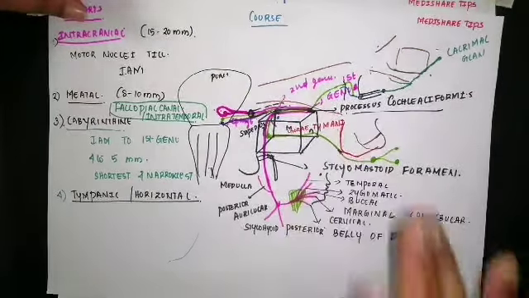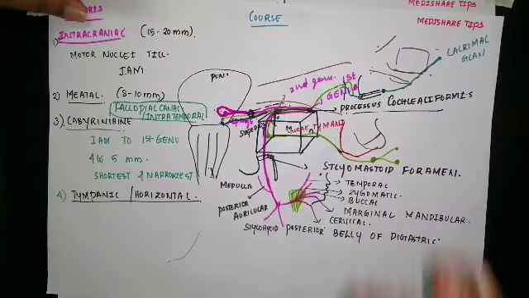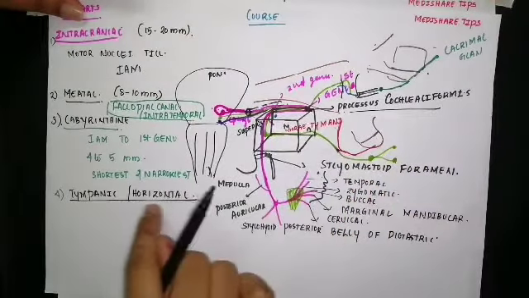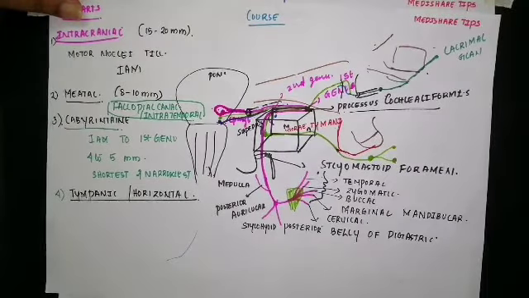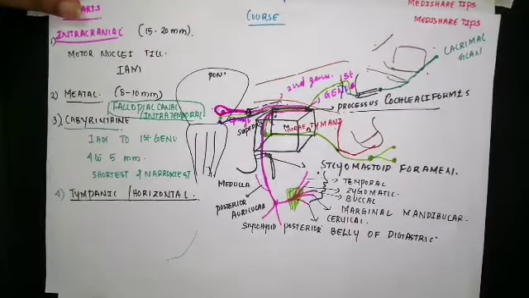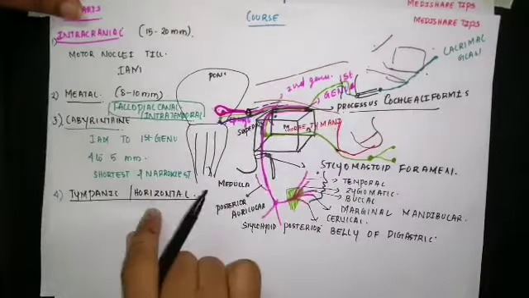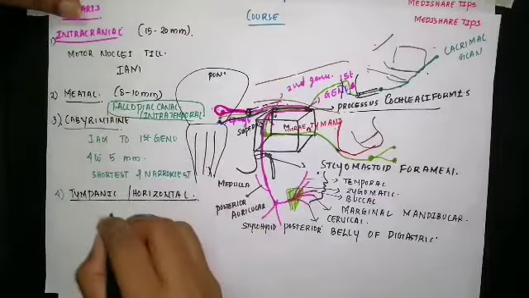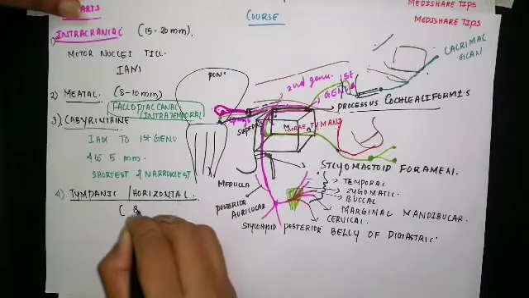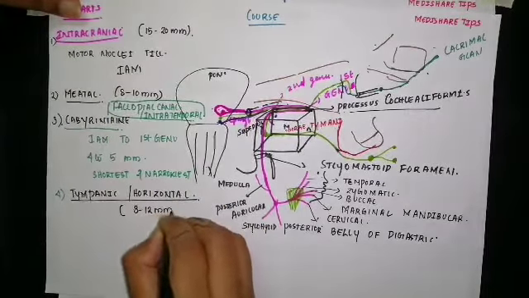The facial nerve is more prone to injury during surgery at this point, in the tympanic or horizontal segment. Maximum bony dehiscence occurs in this part, so it is more susceptible to injury during surgery. The labyrinthine part is more susceptible to compression. The length of the tympanic or horizontal segment is 8 to 12 millimeter.